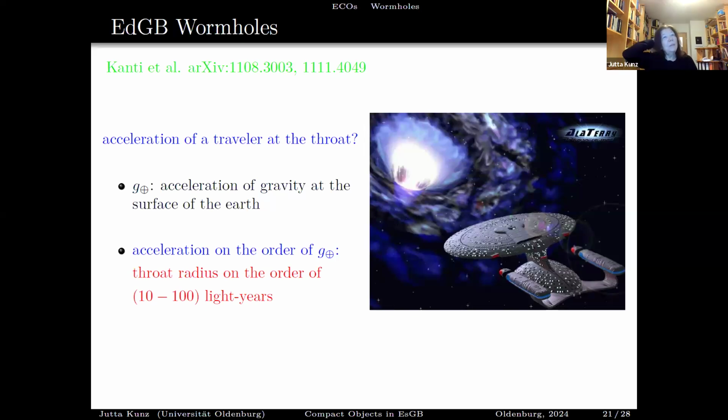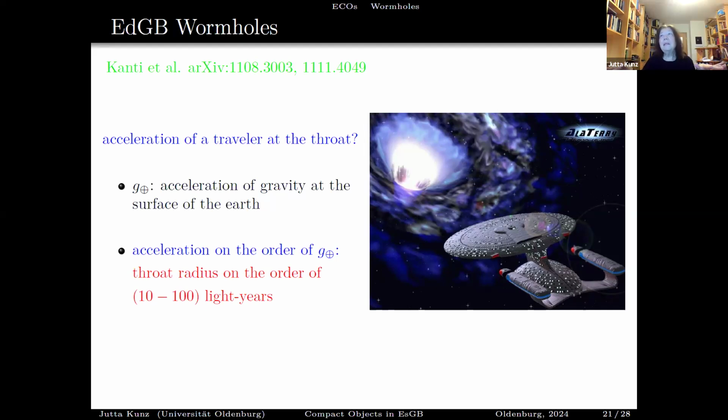And what you would like to have is also maybe these nice criteria of Morris and Thorne, which would, for instance, say now the acceleration when you enter the wormhole, when you're at the throat, shouldn't be too big. It should better be on the size of what we have on Earth.